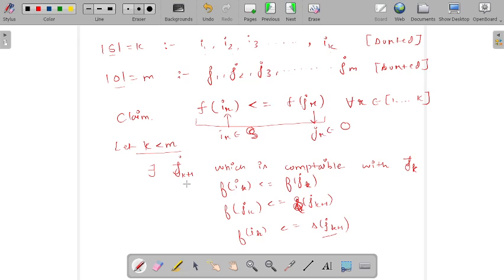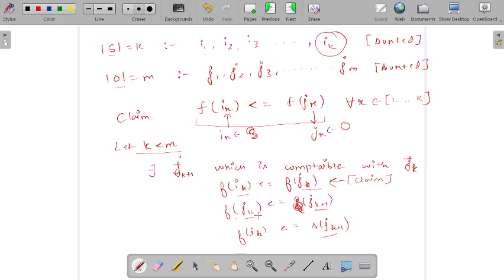Now what we are supposed to prove is, according to the greedy solution, Ik is the last job which is selected, and we have an assumption that k is less than n. But we know, since we are using this claim, that the finishing time of Ik is less than or equal to the finishing time of Jk. And we also know that Jk and Jk plus 1 are compatible because they both are in the optimal solution.